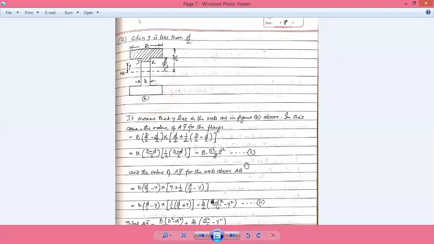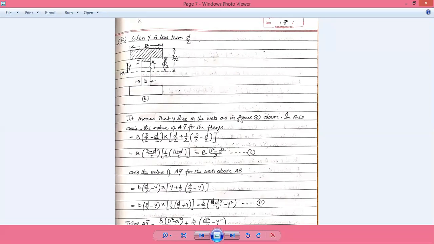So the value for the flange itself: B is the width, and the area is B multiplied by capital D by 2 minus small d by 2, multiplied by y dash, which is first of all small d by 2 plus half of this depth, that is capital D by 2 minus small d by 2, multiplied by half.